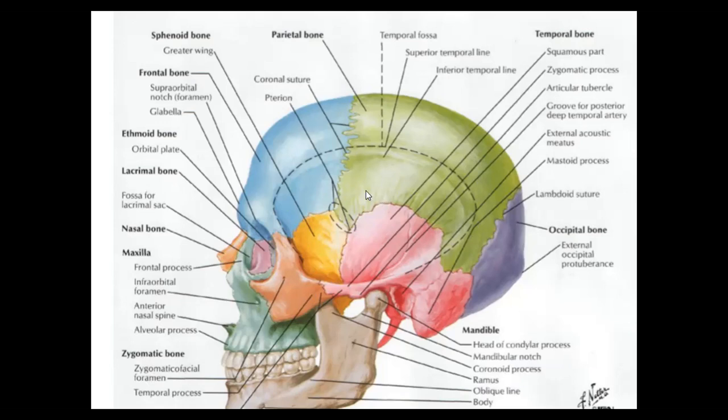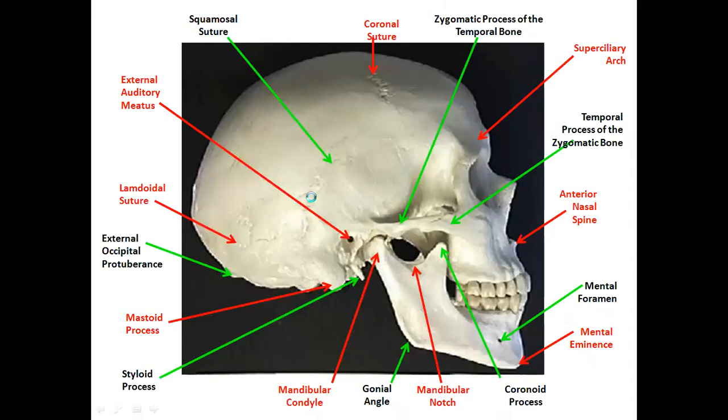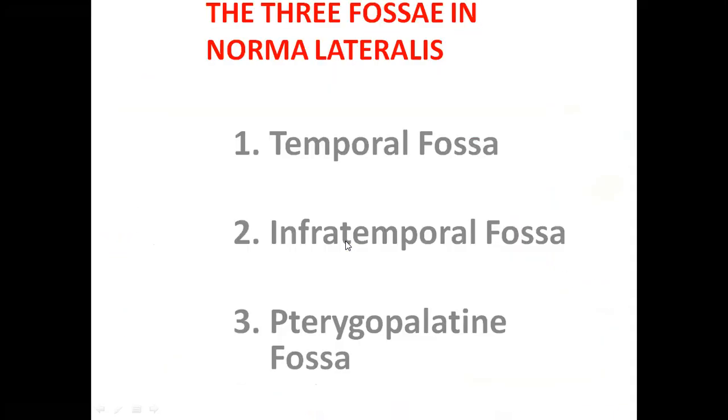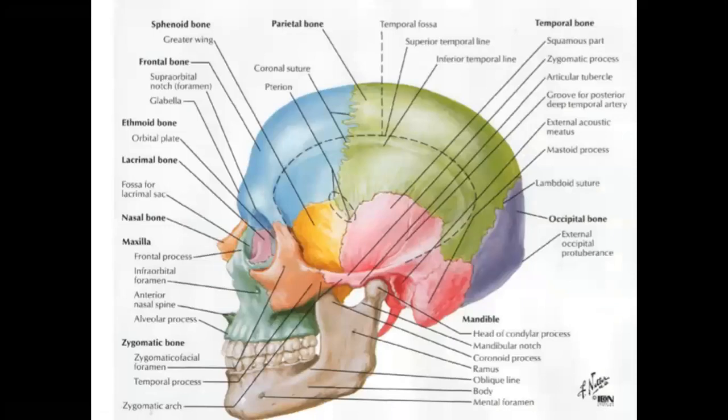Now see here, something is shown over here, the pterion. What is this pterion? In the fetal skull, I told you we have certain fontanelles, like the sphenoidal fontanelle and mastoid fontanelle. Corresponding to the sphenoidal fontanelle, in adults there is a meeting point of bones, and that meeting point is called the pterion.